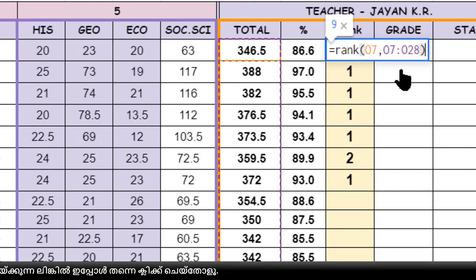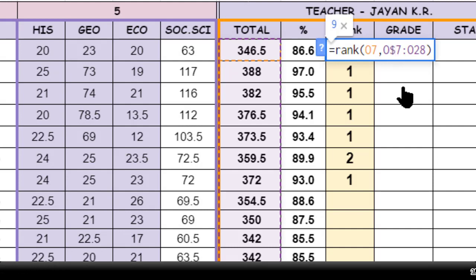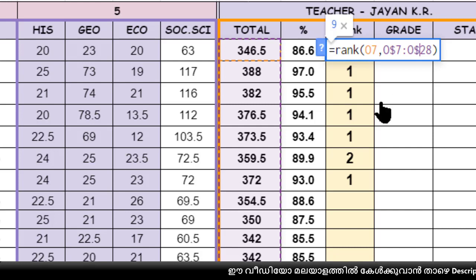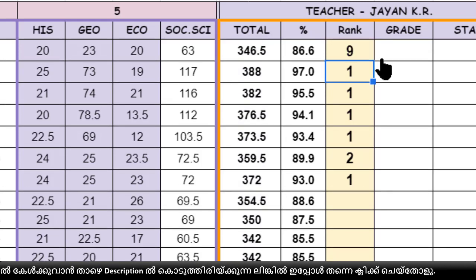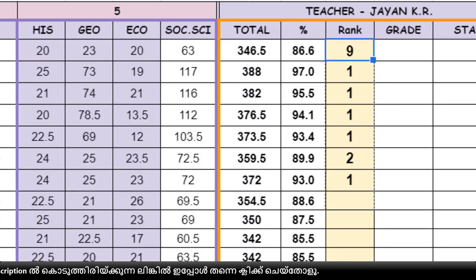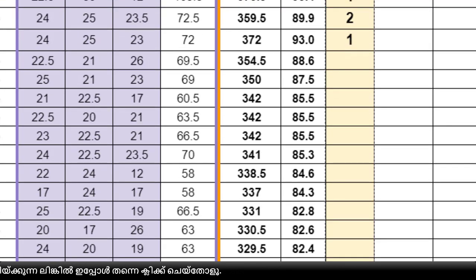How to lock this? It is a simple method. After that English letter, you add a dollar symbol. So here I am adding a dollar symbol after this O, both O's. Now it is locked. Now enter. Now you can drag down.